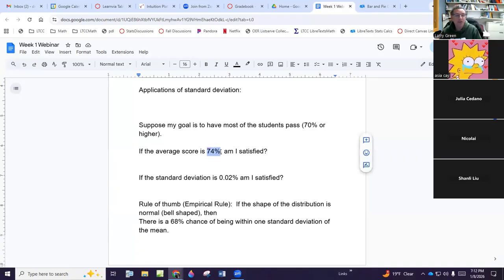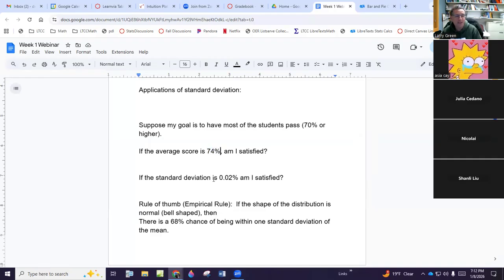Because it's possible that just about all of you got a 69%, but one person got 100%. And that's going to push the average up to around 74%. Does that make sense? It's also possible that all of you got 73%. And that means all of you passed. So it could go either way. It's not enough to just know the average or the mean.